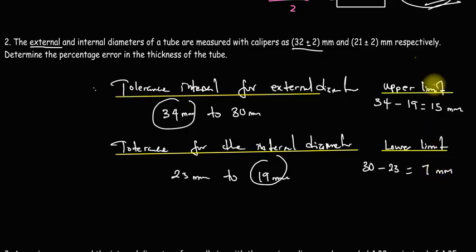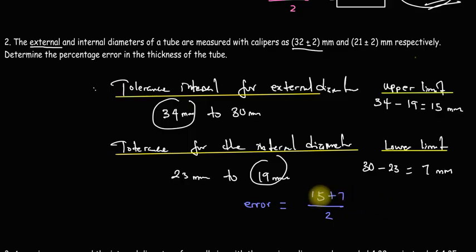Okay, so now that we've found the upper limit and the lower limit, what do we do next? We have to add them together and divide by 2 to find the greatest possible error, right? Okay, so let's get onto it. So that means we have to say 15 plus 7 over 2 to find the greatest possible error.